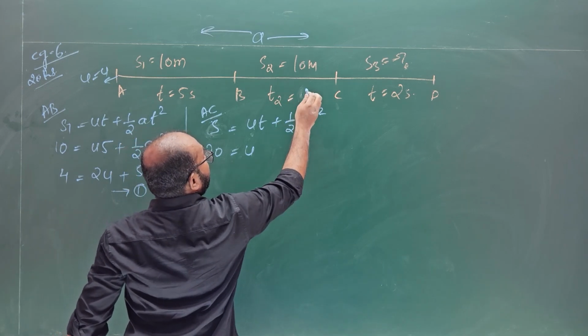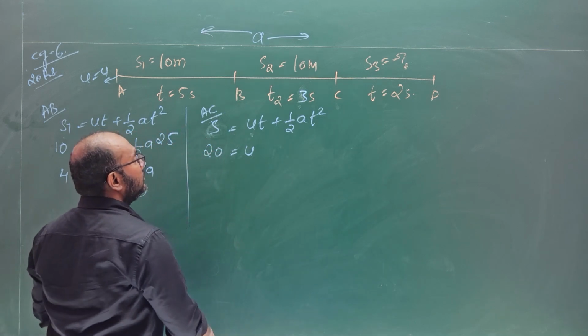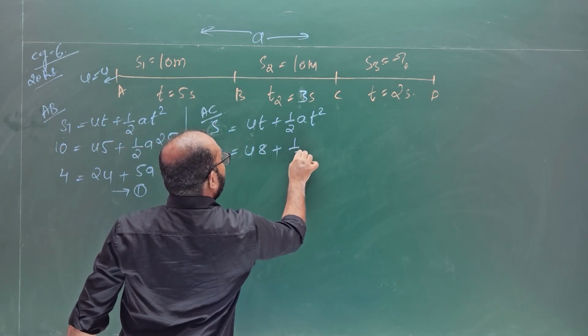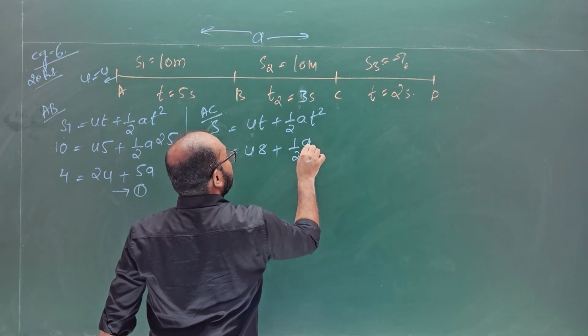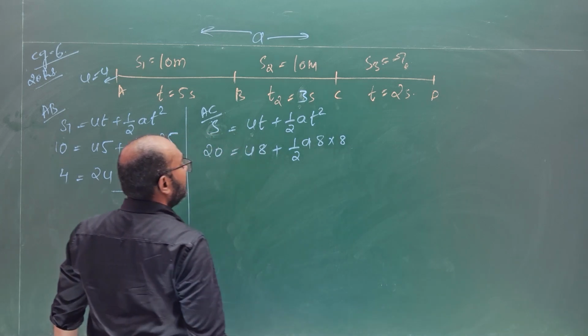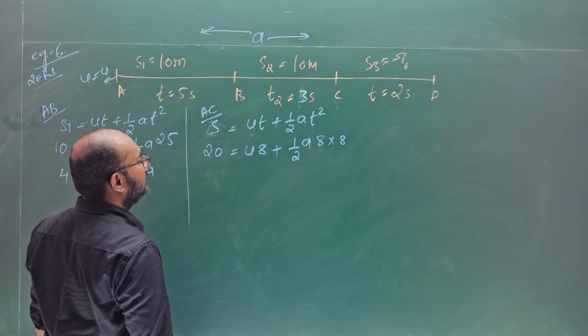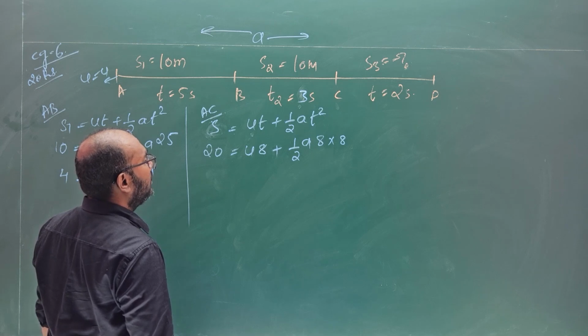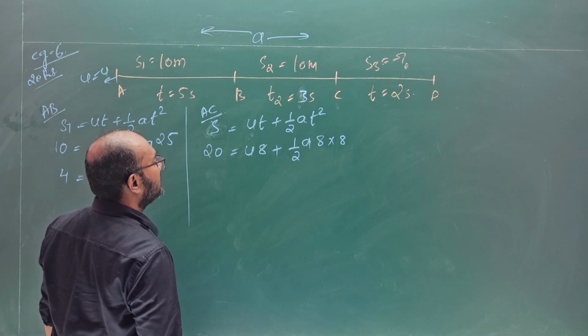Okay. Now 5 plus 3, 8, plus half of acceleration is again a and 8 square. Can I write 8 into 8? Anything can be cancelled, or can I take anything as common? Can I take 4 as common?